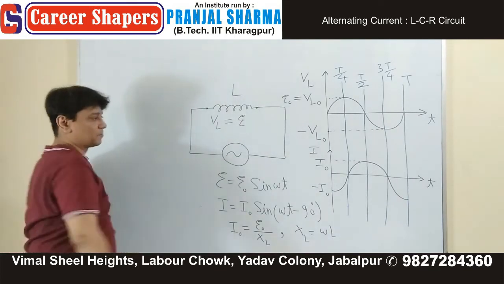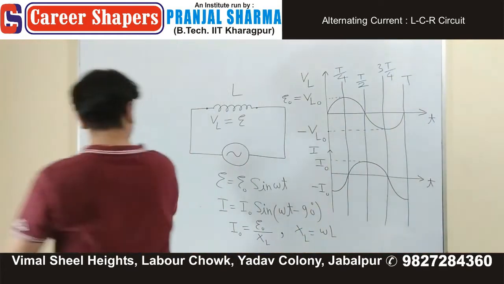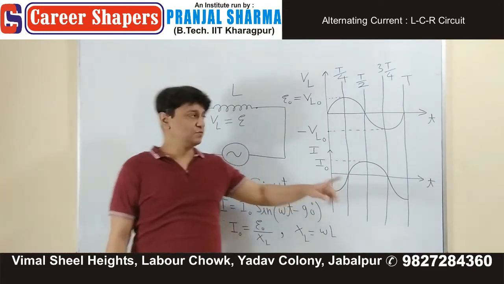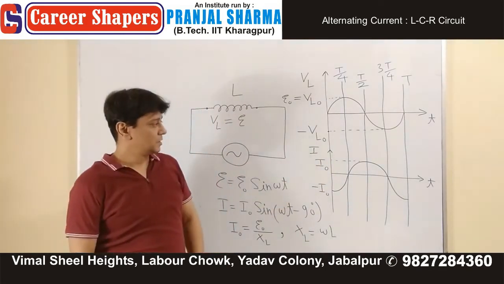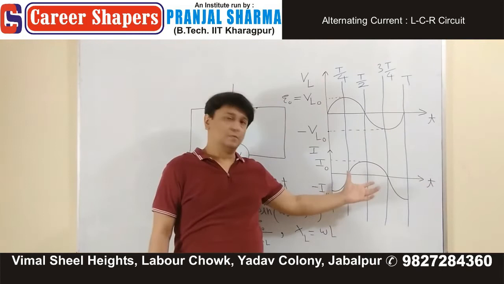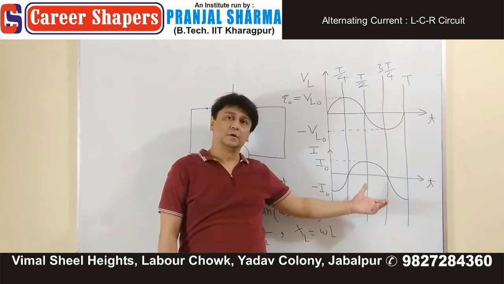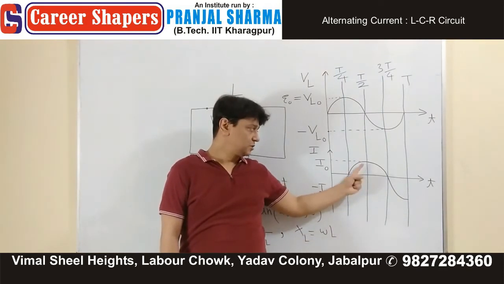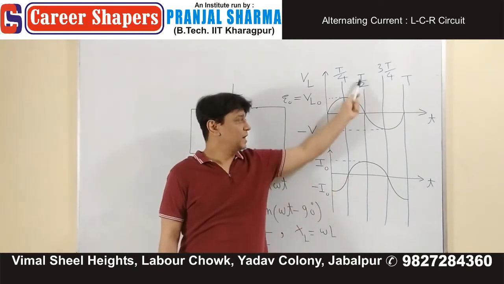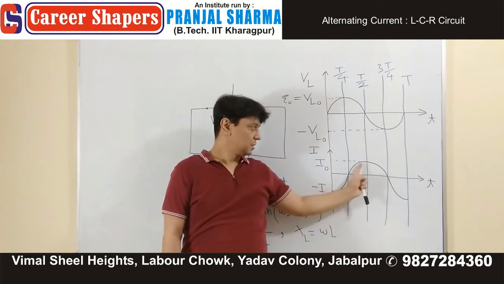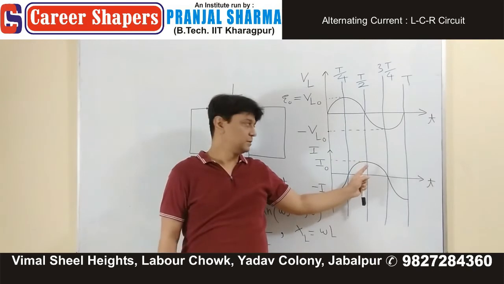Now, let me give you the reason behind this phase difference, and you can understand that with the help of this graph very easily. Meaning of phase difference. If you look at this portion right here, when time is T by 2, current is almost constant.